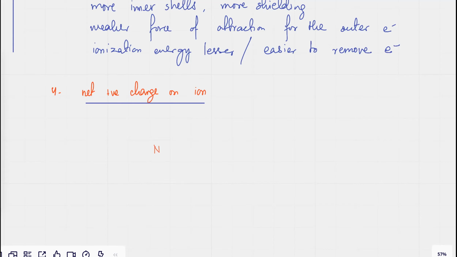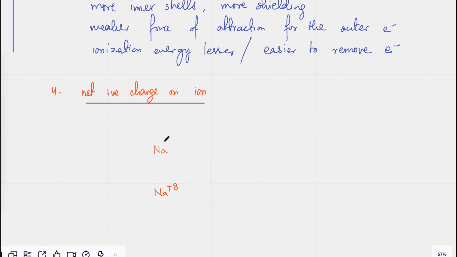Okay, let's pick sodium. I have a neutral sodium atom, and I have a sodium atom that has already lost 8 electrons. So this is the net positive charge, the overall charge, because it has lost so many electrons.